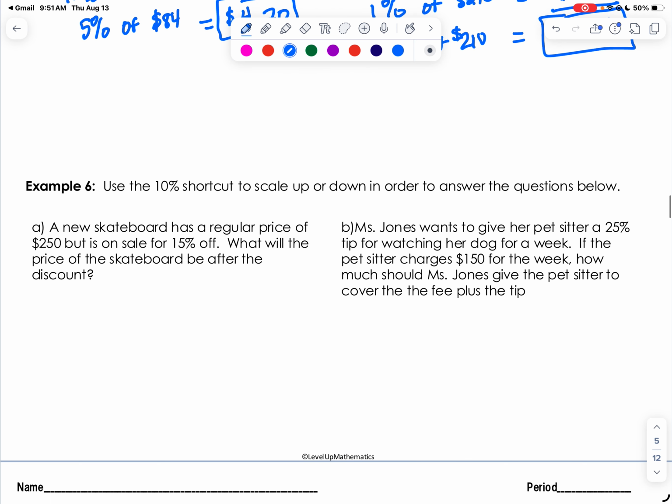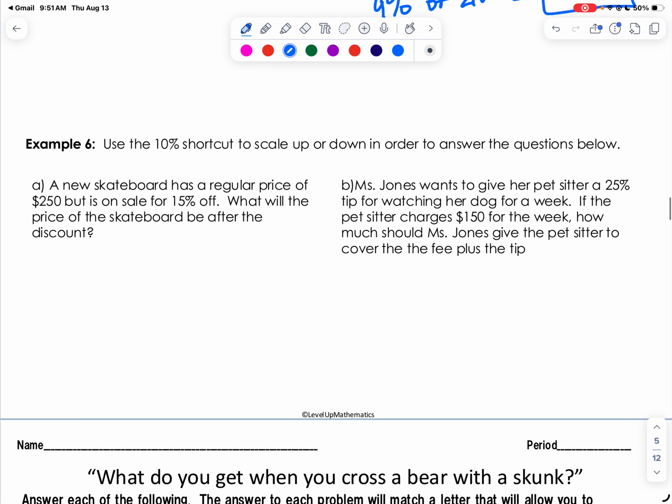All right. Problem 6. Use the 10% shortcut to scale up or down in order to answer the questions below. A new skateboard has a regular price of $250, but it's on sale for 15% off. What will the price of the skateboard be after the discount? So let's start by getting 10% of $250.